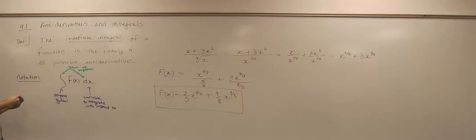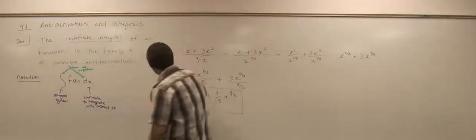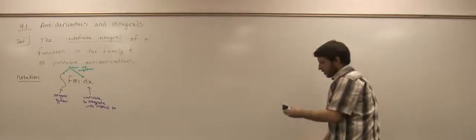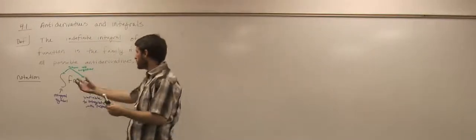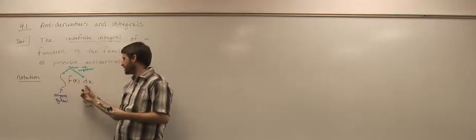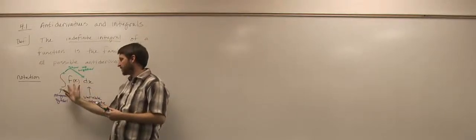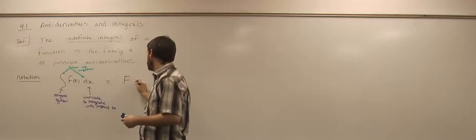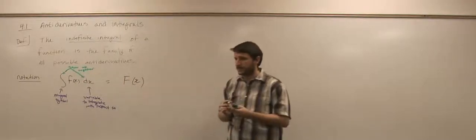And then this in the middle is what we're actually interested in finding a family of antiderivatives of. This is the function we want to integrate. So when you see the integral of f of x dx, or the integral of f, you want to find an antiderivative, any one.